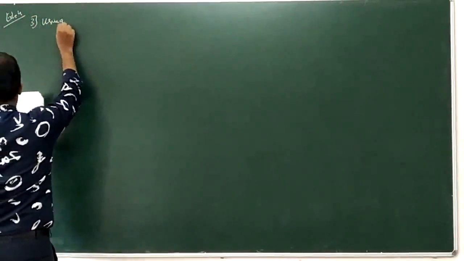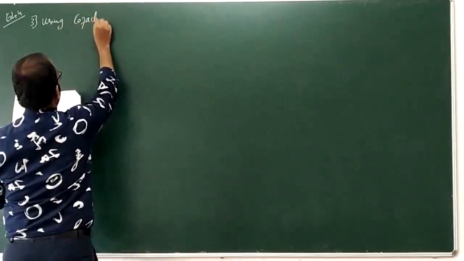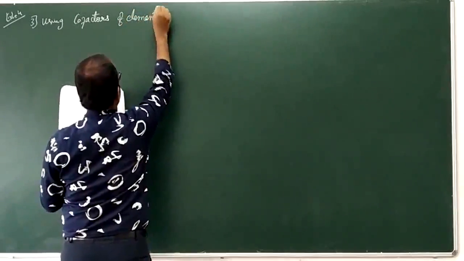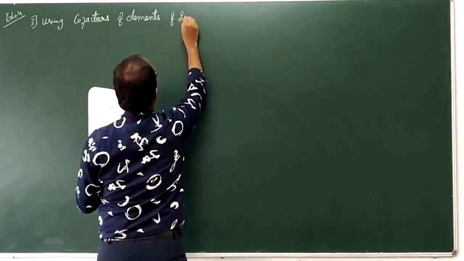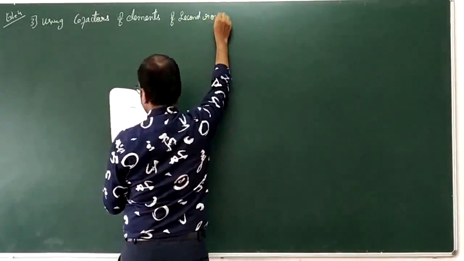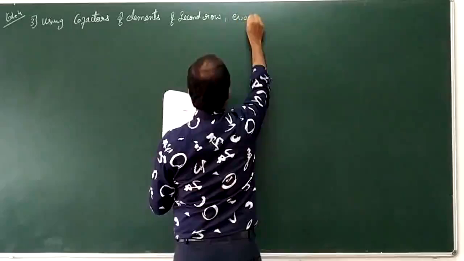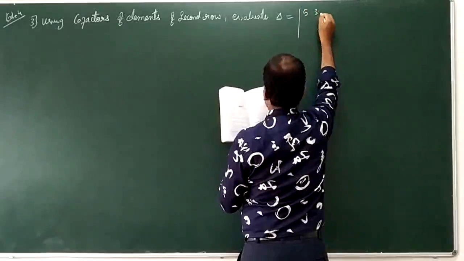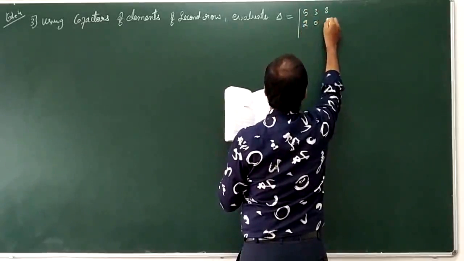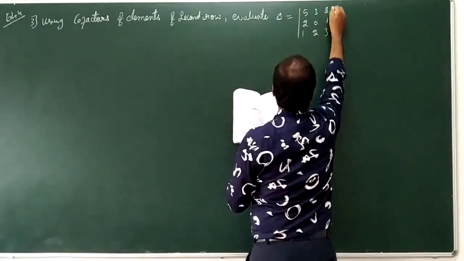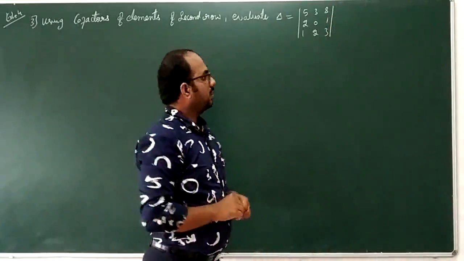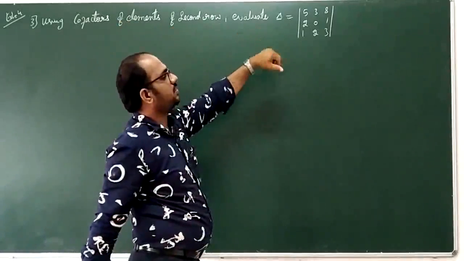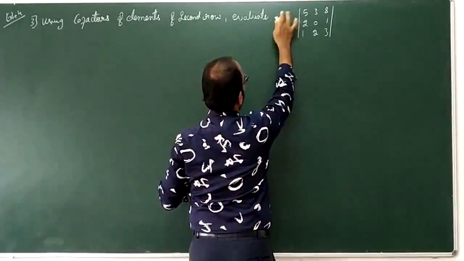Using cofactors of the elements of the second row, evaluate delta is equal to 5 3 8, 2 0 1, 1 2 3.